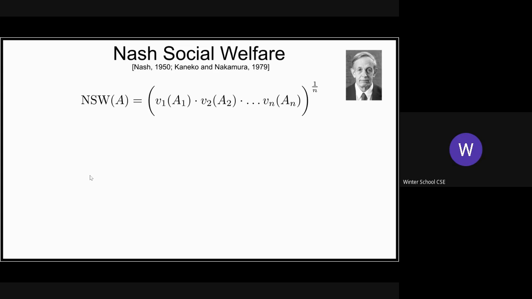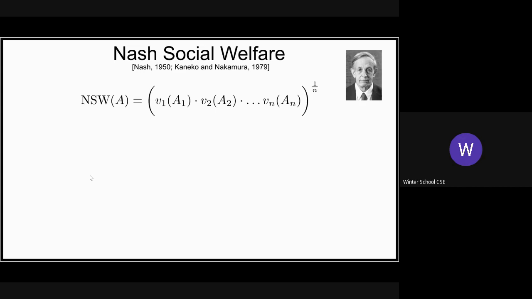So what is this? A again is an allocation, right? A1, A2, A3 are the bundles. V1 of A1 is the value of agent 1 for its bundle, V2 of A2 is the value of agent 2 for its bundle, and so on. What this is doing is just multiplying the happiness levels, or the utilities, of the agents and taking the geometric mean. So it's basically the geometric mean of utilities.